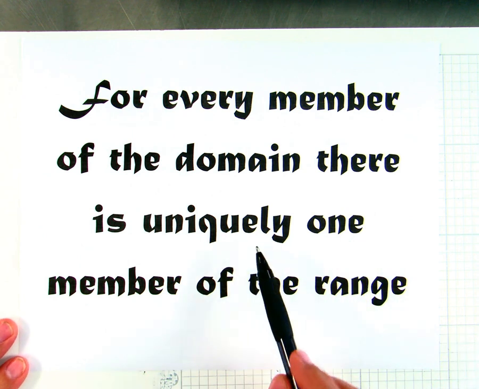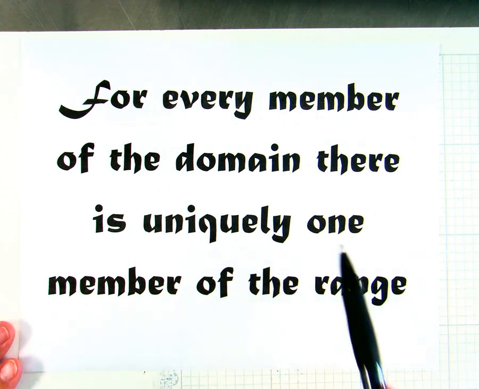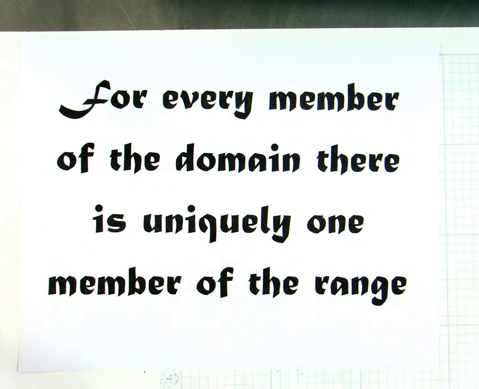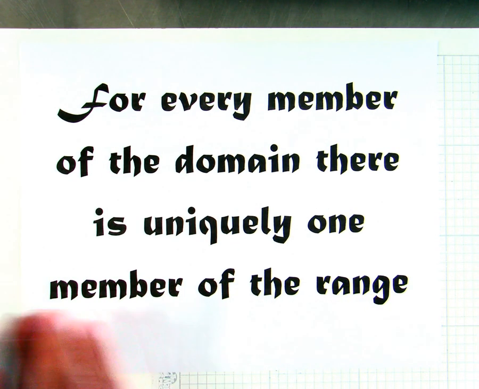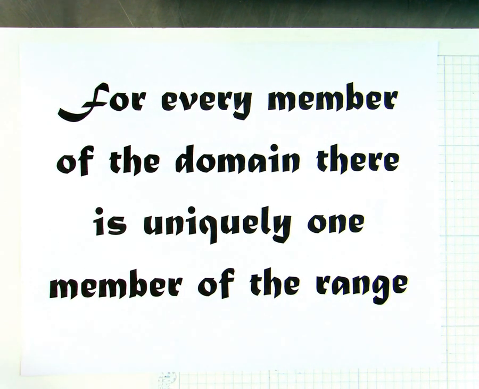It means that there is one and that there is only one. So for this circumstance, if there were more than one output for every input, then it would not be a function. If there were more than one member of the range for a particular member of the domain, that would mean that it is not a function.